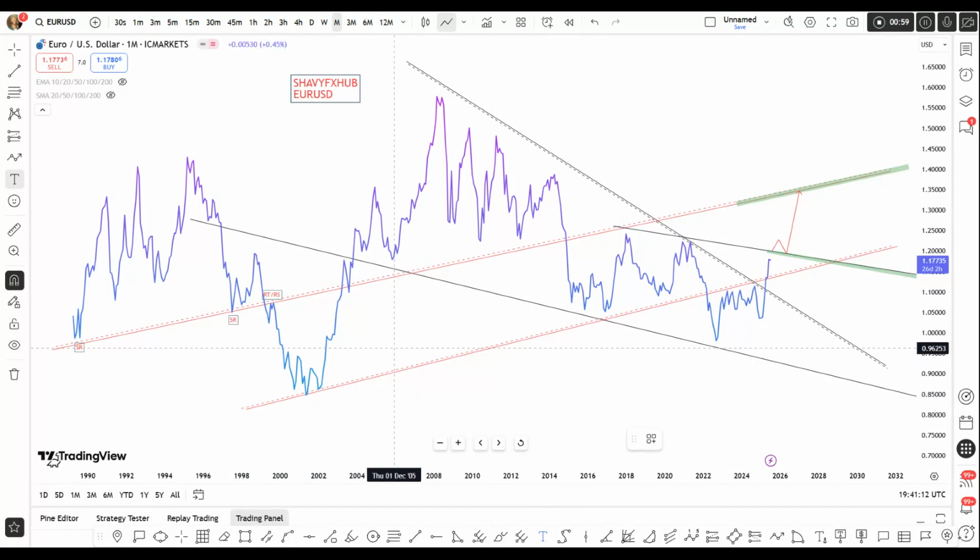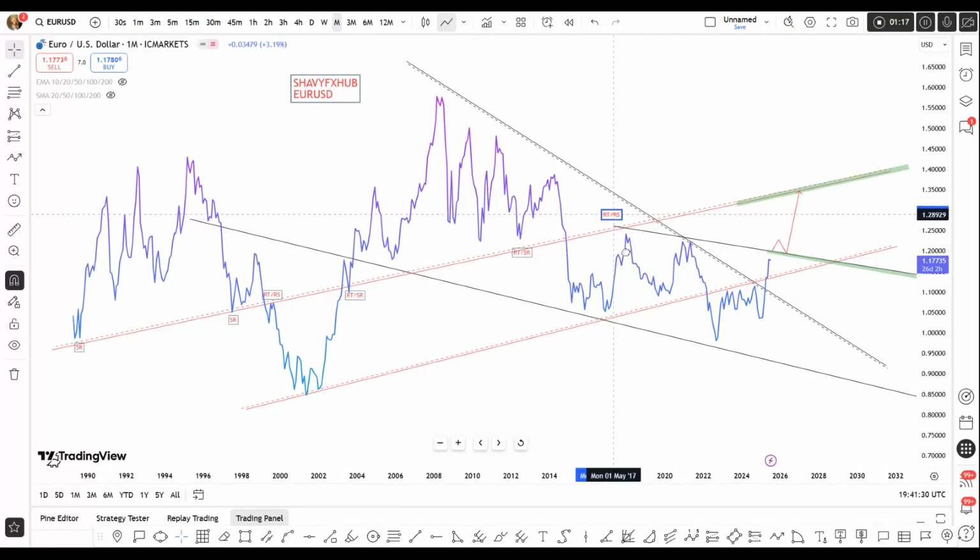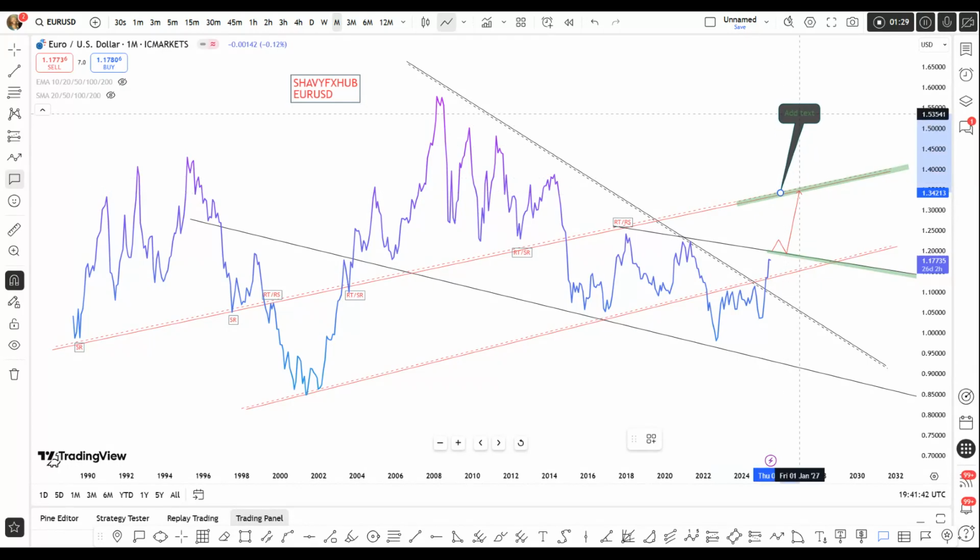And so that becomes our new supply roof. Yeah, so this is our new supply roof.